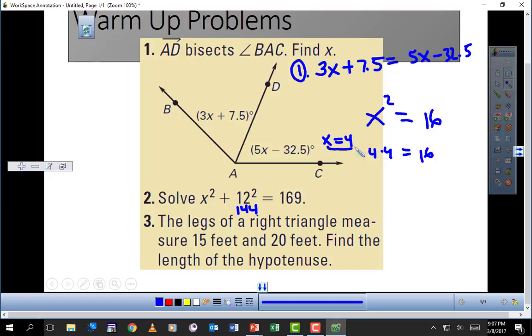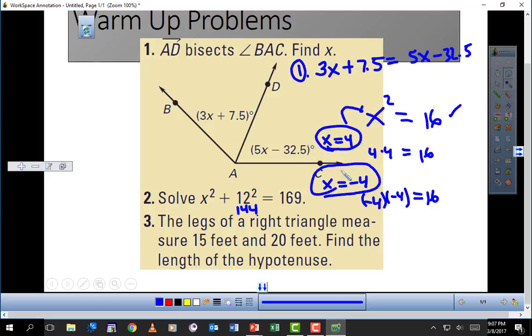So x equals 4 makes this equation up here a true statement. But you know what? So does x equal to negative 4. That works also, because negative 4 times negative 4 is equal to 16 also, because a negative times a negative is a positive. So these are the two solutions.